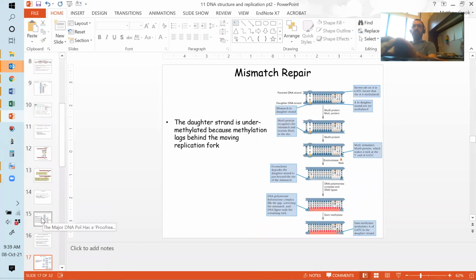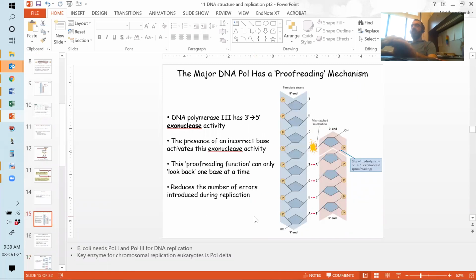Now, DNA replication can introduce errors, right? And this is why many of the proteins involved in cell cycle checkpoints, which we learned about a little while ago, are involved in either detecting errors or problems with DNA, or involved in fixing them.